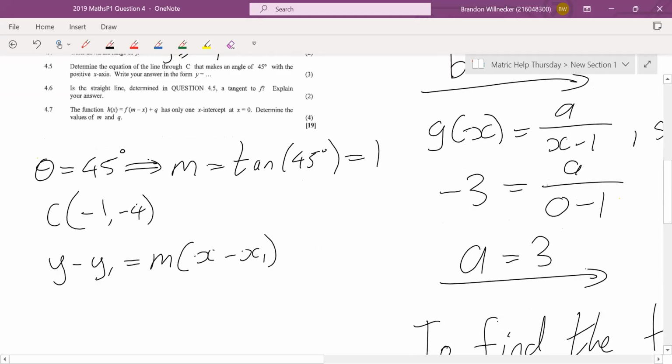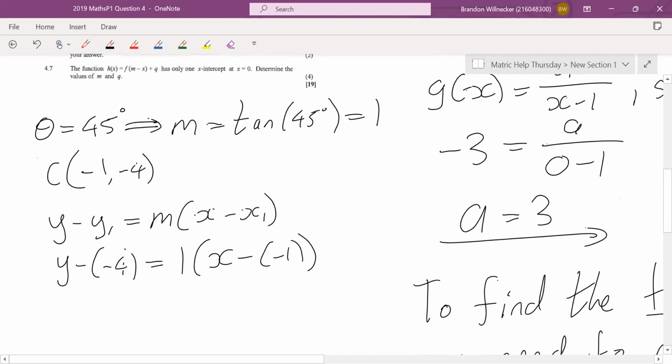We know m, we know x1 and y1, we can solve. So y minus -4 is equal to 1 times (x minus -1). Okay, we've got a lot of double negatives going on here. So let's simplify. Y minus -4, that's going to be y plus 4. And this is going to be x plus 1.